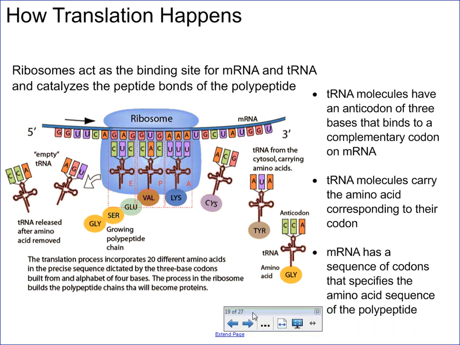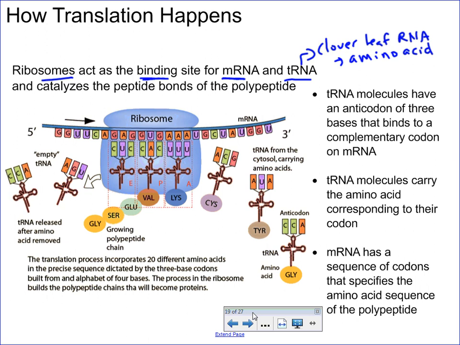How translation happens is that the ribosomes will act as the binding site for mRNA and tRNA. Remember, tRNA is that clover leaf RNA molecule that also has an amino acid attached to it. There will be a tRNA for each different amino acid.